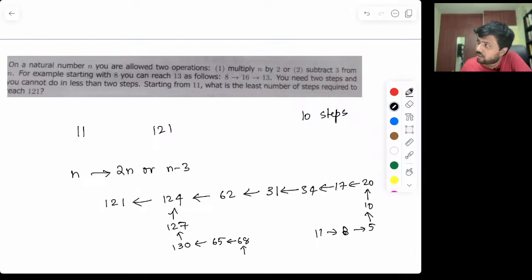So from 3, is there some closest power of 2 that you can reach very quickly? Oh no, but you need to reach 11, right? Yeah, then I don't know. So 2 3s are 6, 9, 2 4s are 8, 17, and 17, that's the problem.